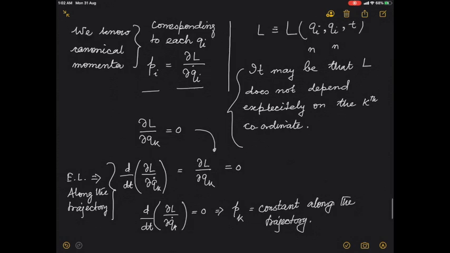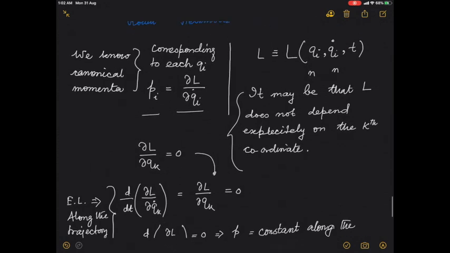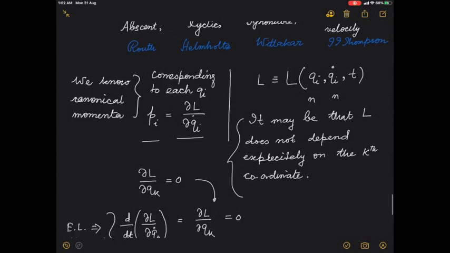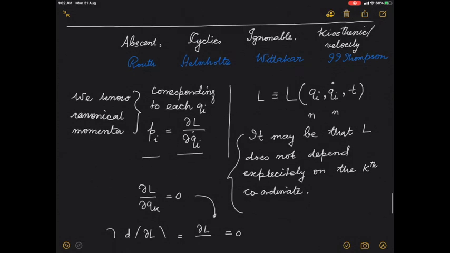Okay. So such coordinates are called absent, cyclic, or ignorable coordinates, or velocity coordinates. Why is it called an absent coordinate? Probably you have already understood that that coordinate is absent in the expression of the Lagrangian. That's why it's an absent coordinate.